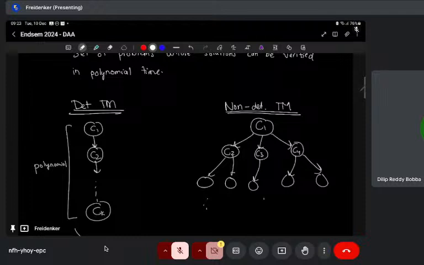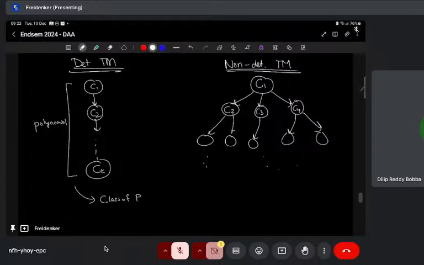If any problem is solved using a non-deterministic Turing machine in polynomial time, it goes to the class NP, because it's using a non-deterministic Turing machine.